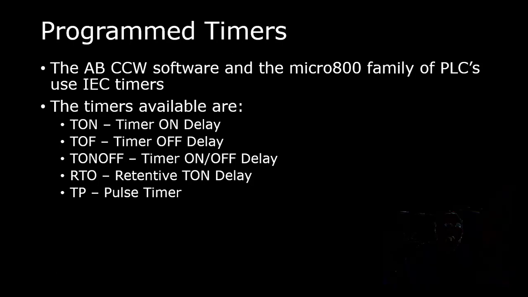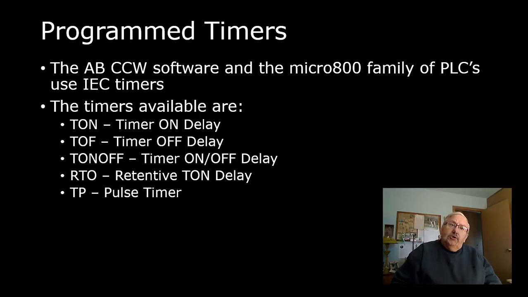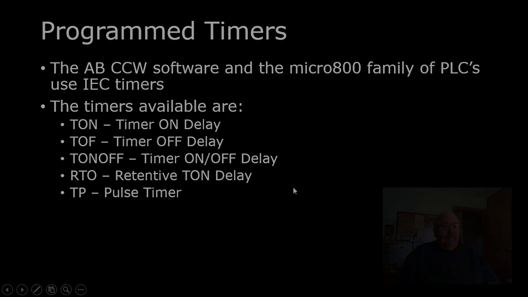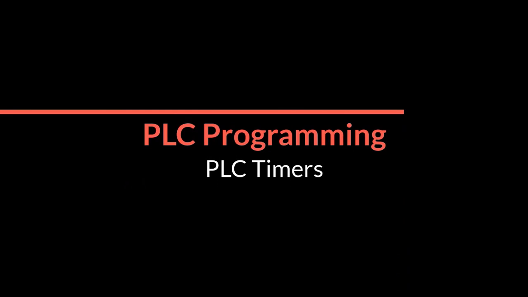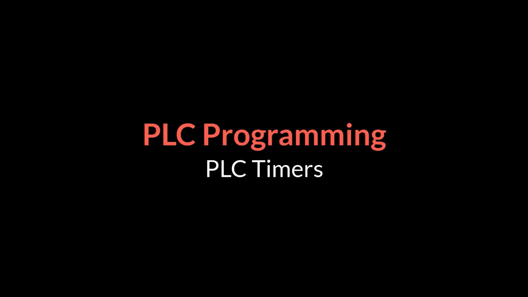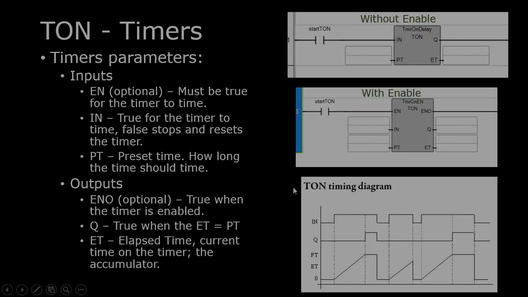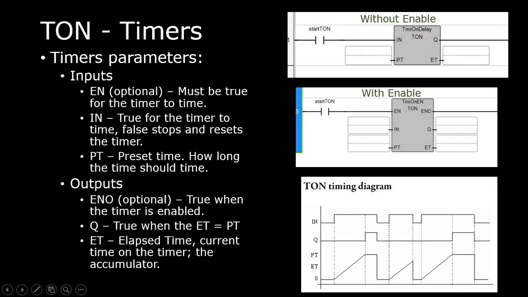So before we go to the software and actually do the timers, I want to just do a brief run through of how timers work. So let's take a look at the TON timer. The timers actually have 2 forms to them.